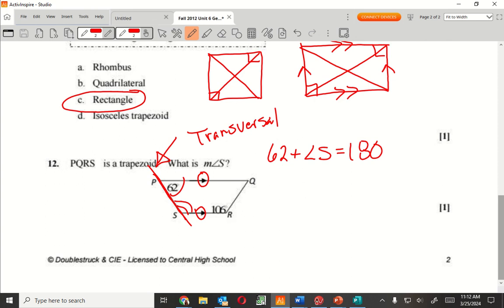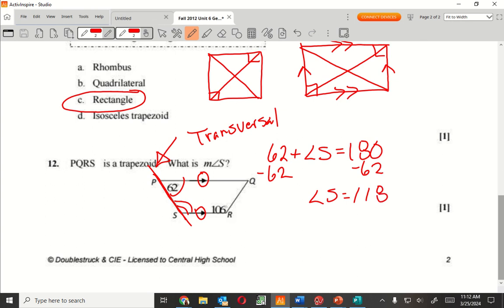Subtract 62 from both sides. Angle S is 118.